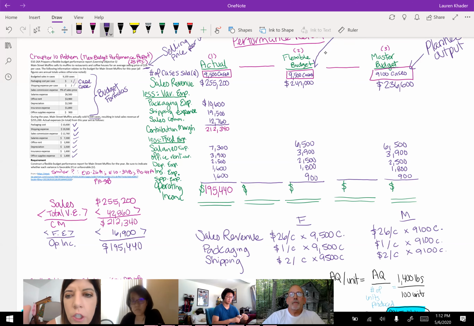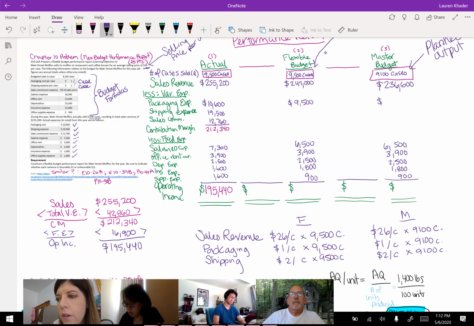So just double check all of those that you write it out correctly. For packaging expense, what did you calculate for the flexible budget? $9,500. And for the master budget, you calculated 9,100. Shipping expense, for flex, 19,000.